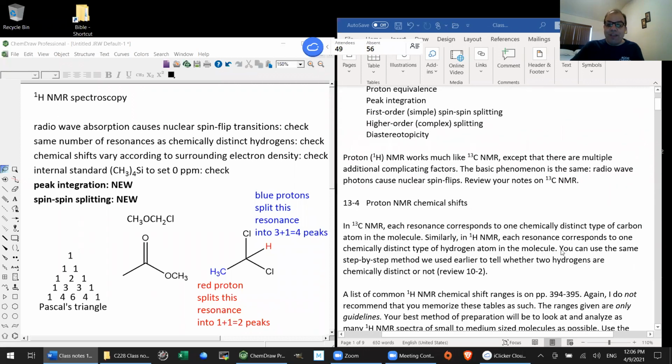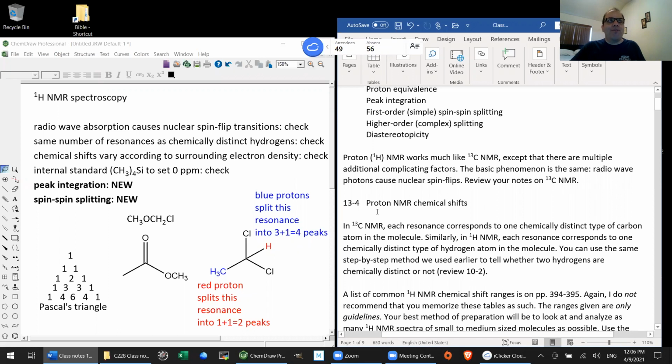Yes, so in your class notes, I pointed out a place in my chapter 10 class notes from the first semester where I gave a step-by-step method for being able to tell whether two carbons are the same or different chemically for carbon NMR. You can use the same method for hydrogens as well. So you can check that in the chapter 10 class notes.